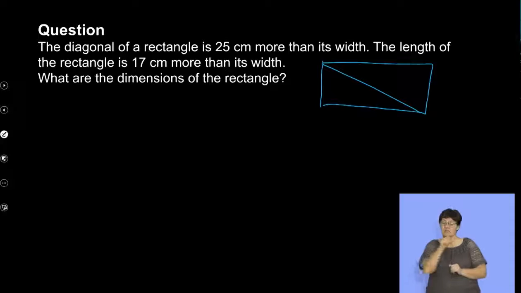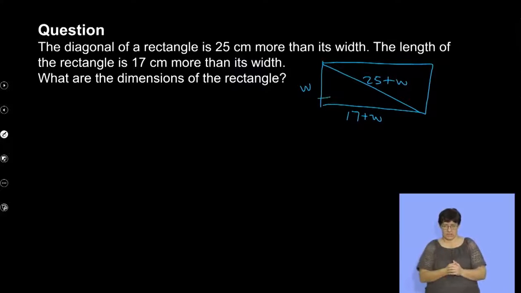So they say the diagonal of this is 25 more than its width. The length is 17 more than its width. So the length will be this one, which is 17 plus the width, and this will be 25 plus the width, and this will be the width. You see? And then from there, what do we want? We want the dimensions of this.